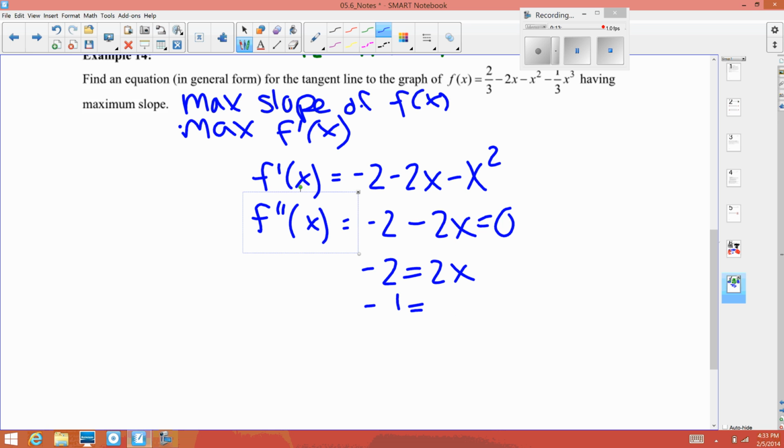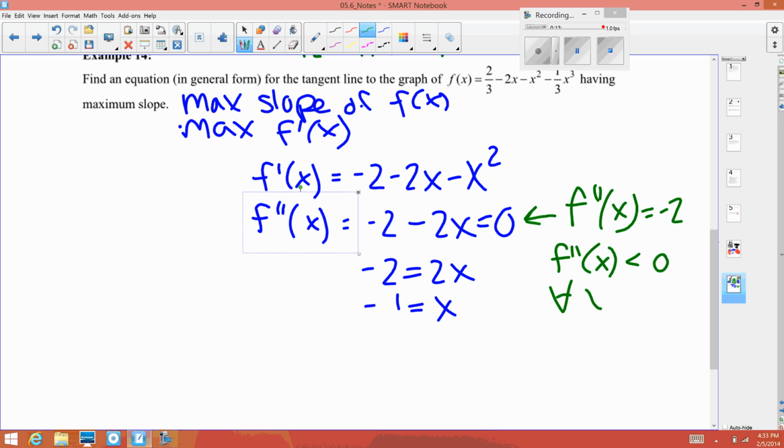Negative 2 minus 2x. Where's that 0? Looks like negative 1. All right, and to justify that, this is a good way of doing it. Since this is a linear function, the derivative of that is just going to be negative 2, so it's always less than 0 for all x.